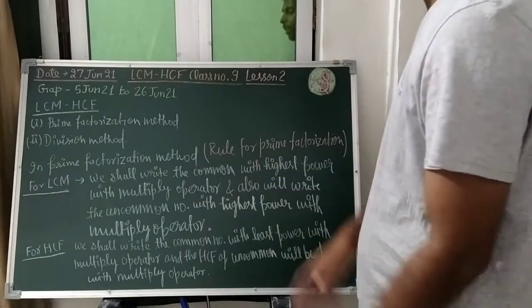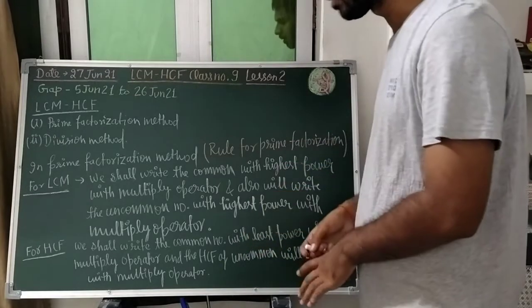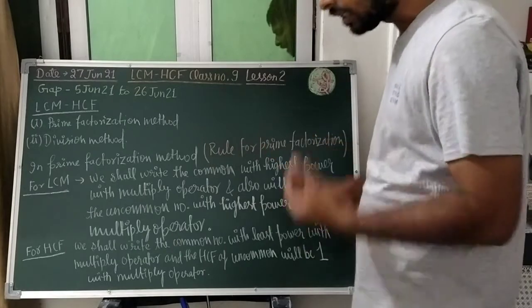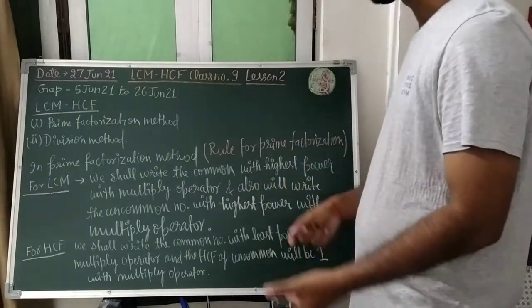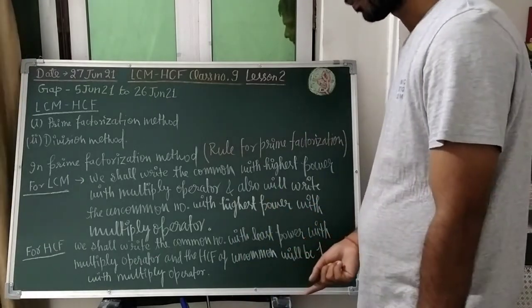So if in the problem you find common and uncommon numbers, for the HCF you will write the common number with least power with multiply operator, and the HCF of uncommon numbers will be 1 with multiply operator.